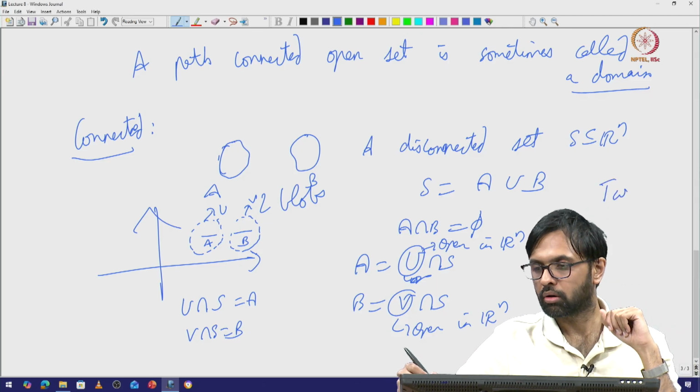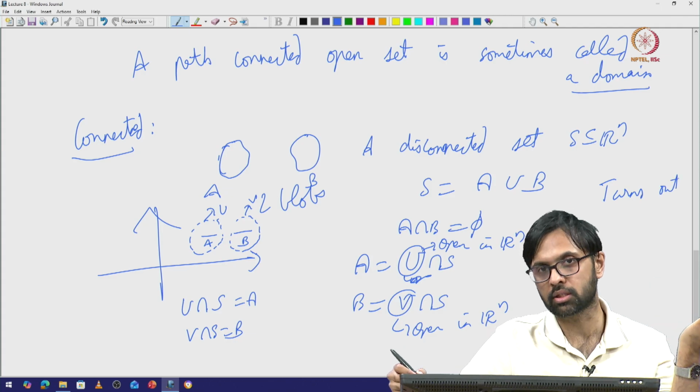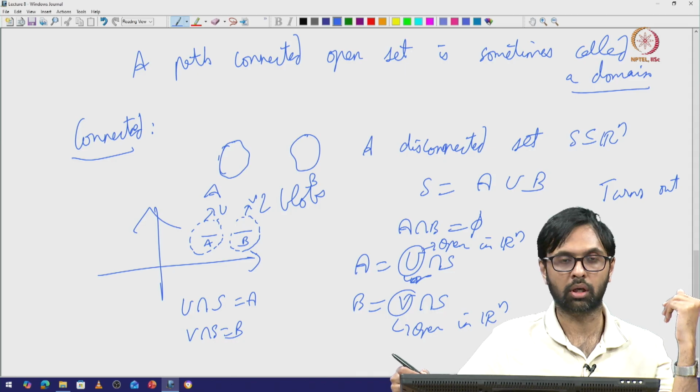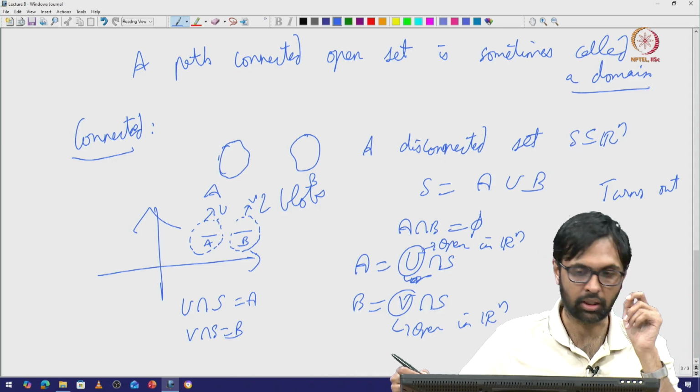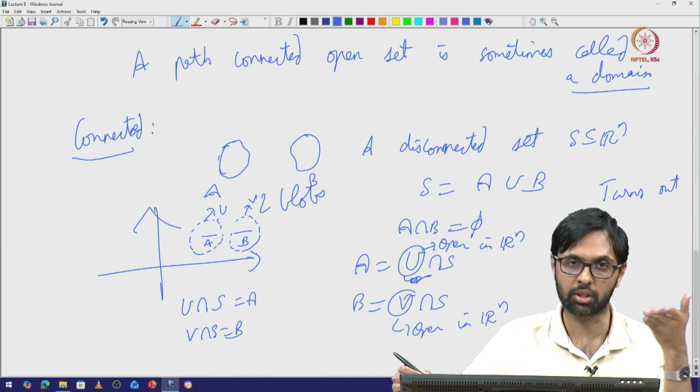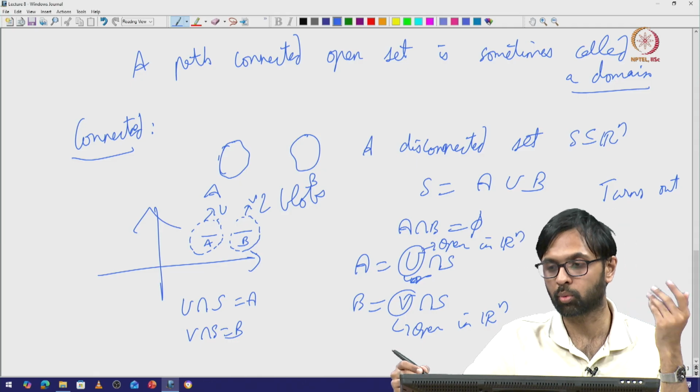Turns out, a connected set is something that's not disconnected, right? So a connected set is something that cannot be written as a union of two disjoint sets, each of which is the intersection of an open set in Rn with the set.